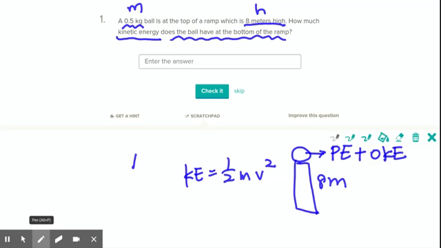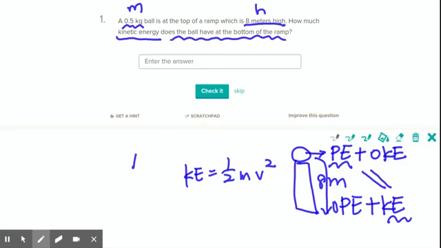But if the ball drops all the way to the ground, this ball will have 0 potential energy, but only kinetic energy. So basically, whatever potential energy it has is equal to the kinetic energy here. All right? So it's actually one of the simple problems we have in the practice.